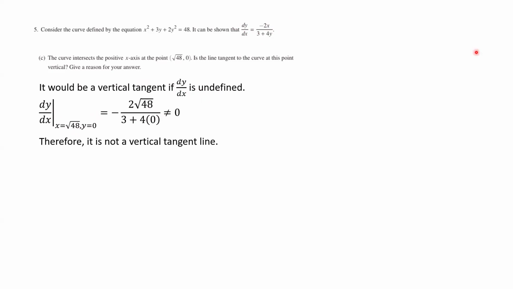Okay, so this should be not equal to undefined. So therefore, it is not a vertical tangent line. Okay, so as I said, we need to be dividing by 0 in order for it to be undefined, but clearly that's not happening here. We'll be dividing by 3, so that's valid in the math work, but this is not what we want in this problem. We want it to not work.